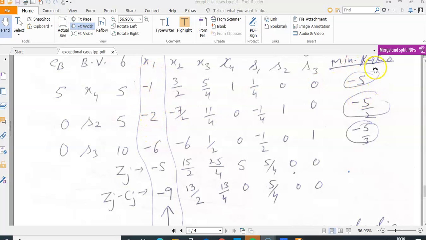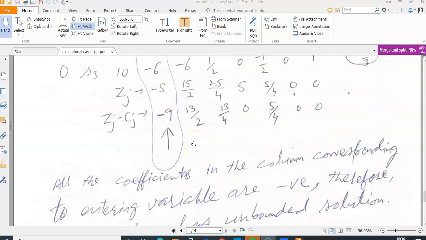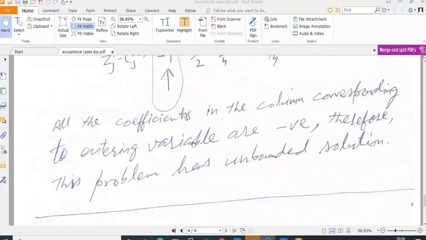Here we can see the ratios are -5, -5/2, -5/3. We don't count negative ratios, so the minimum ratio is not found. We are not able to find the minimum possible ratio. This is the case of unboundedness.